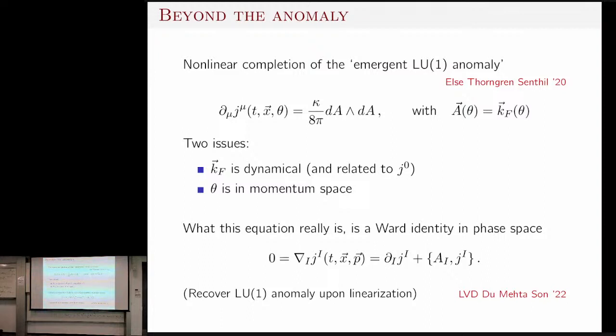One more ingredient is that since it's an emergent symmetry, you can't control what the gauge field is equal to in the IR. Part of the gauge field gets activated against your will, the theta dependence, and that's how it knows about the Fermi surface. So the global theta part of the symmetry is just the regular U(1) symmetry that you have microscopically, but everything else is emergent symmetries.